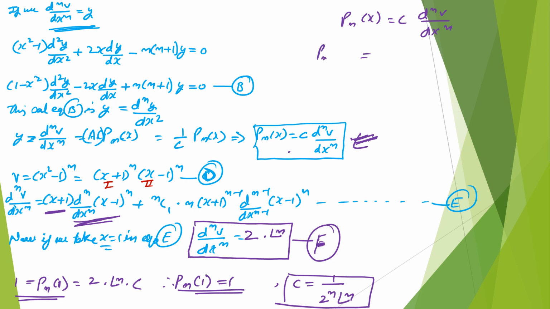So P_n(x) is equal to 1 over 2^n factorial n and the nth time differentiation with respect to x of v, and the value of v is (x square minus 1) to the power n. Now over here we prove the Rodrigues' formula.